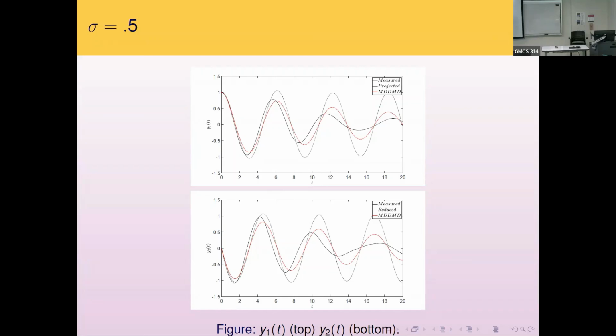And our whole point here is we are able to get with our, I don't remember what the MD. Thank you. Memory dependent. That's funny. Anyway, we're able to get our memory dependent DMD approximation off of just this one measurement.